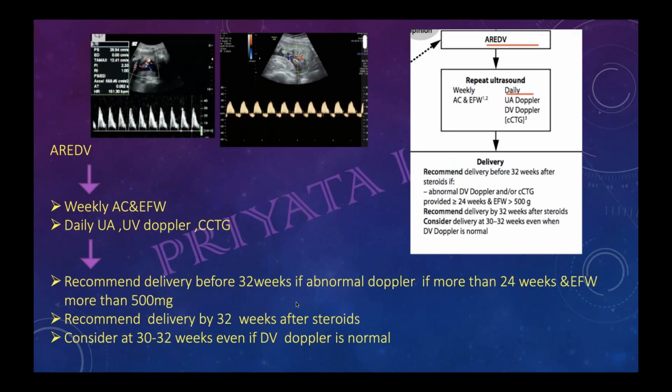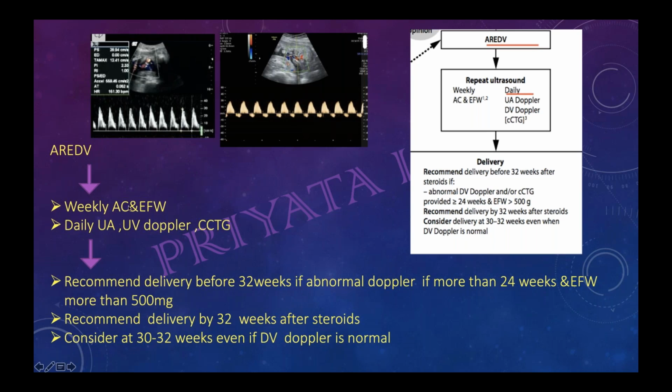Now the last part of the table is AREDV. This A is absent diastolic flow, and R is reverse flow. So this is a bad condition, a very bad condition. You have to do something urgently. So what you will do, you will call this patient every week for growth.